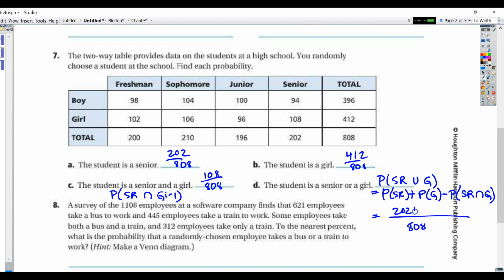So 202 plus 412 minus 108. Why do we have to do that? Because if we count our girls here and our seniors here, this is the problem. I counted the senior girls twice when they physically only exist once. Okay, next page. I know I'm going kind of quickly here.